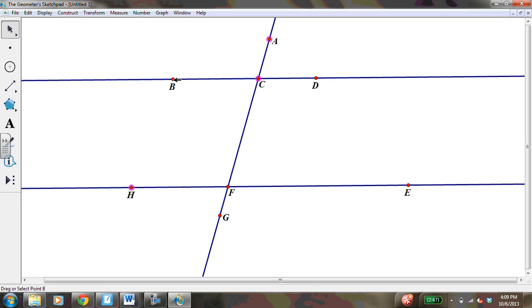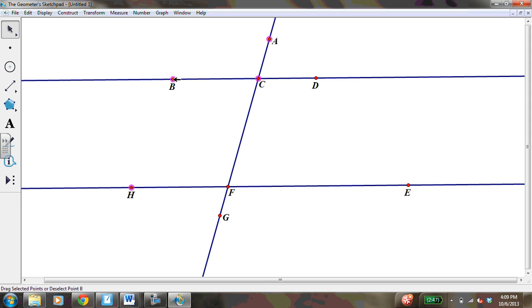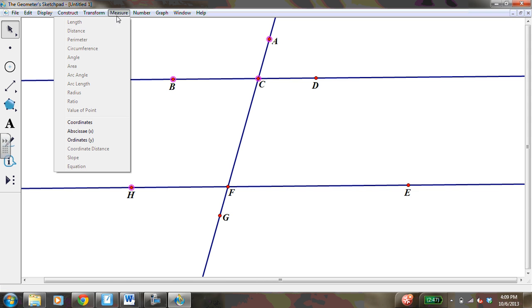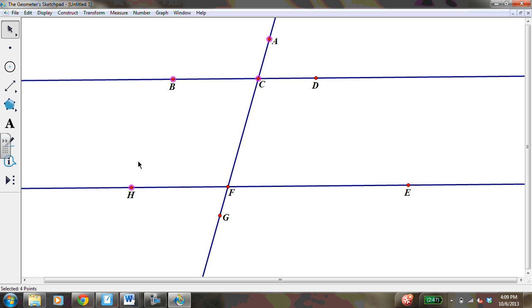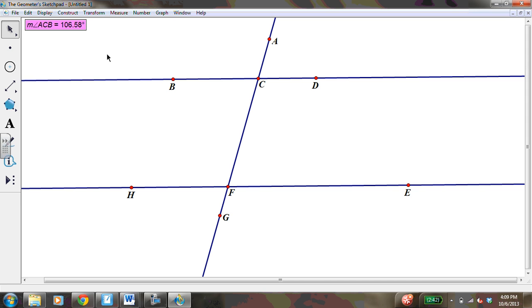I'll start with the alternate exterior angles. So I click on the 3 points, and I'll click measure. And I'll measure that angle, ACB.